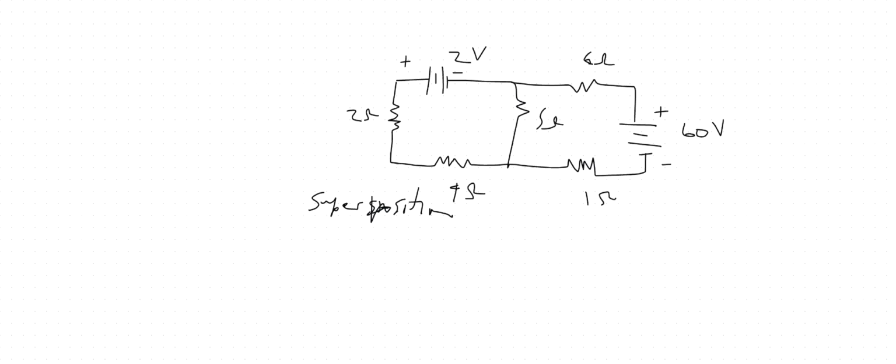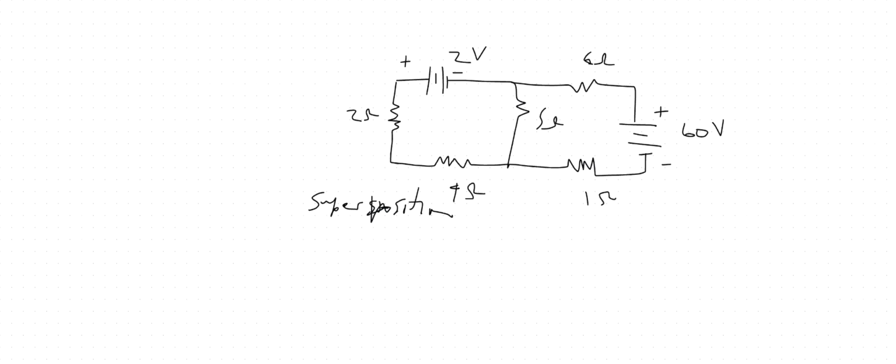What it states is that you can lock down one source. If it's a voltage source, you short circuit the voltage source, one of the voltage sources, and then use the other voltage source to work the circuit until you find whatever you're looking for.